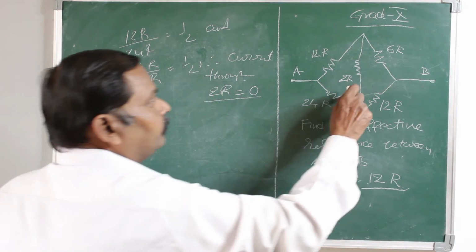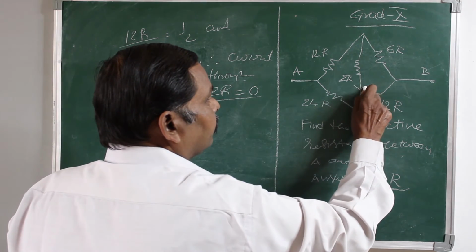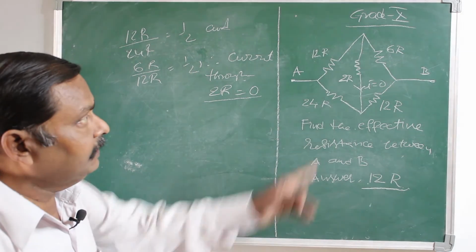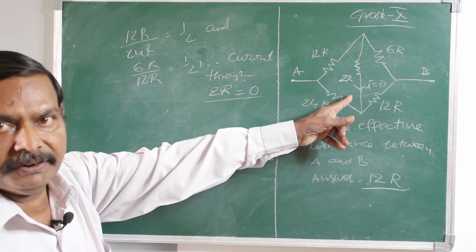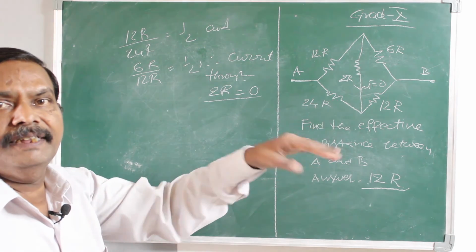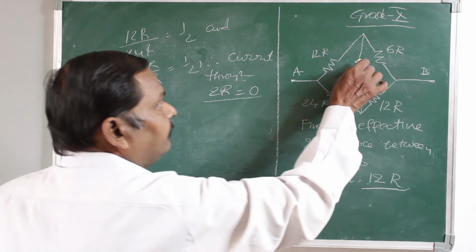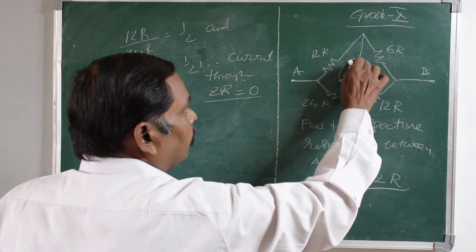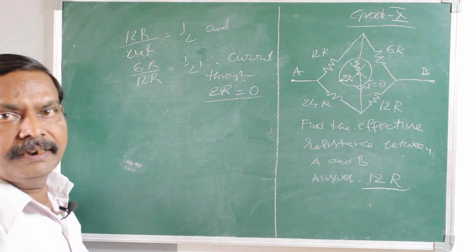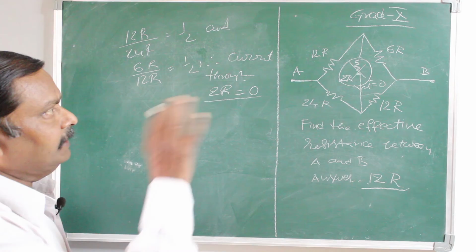So the current through this particular part, I, is equal to 0. Wherever there is no current in a resistor, there is no need to take that resistor in the circuit. That means we can cancel this resistor. There is no effect of that resistor in the circuit, so you can cancel it.